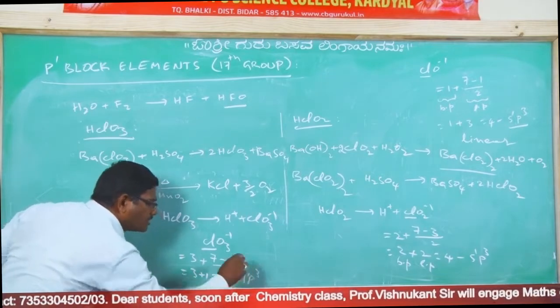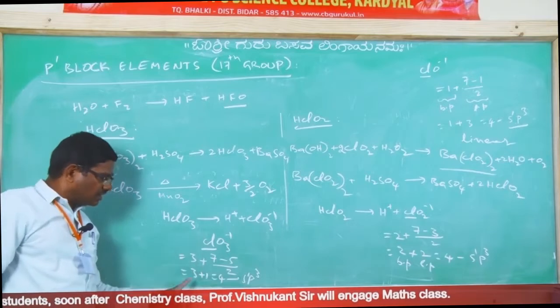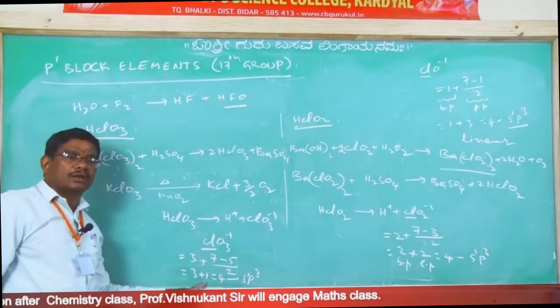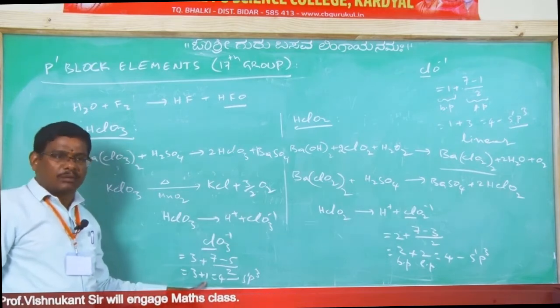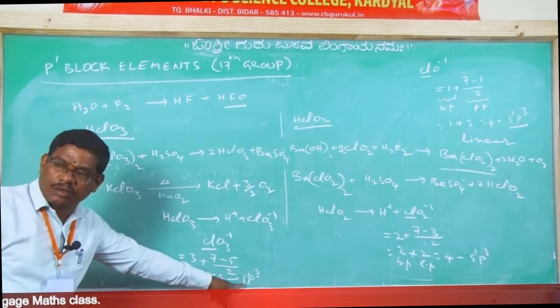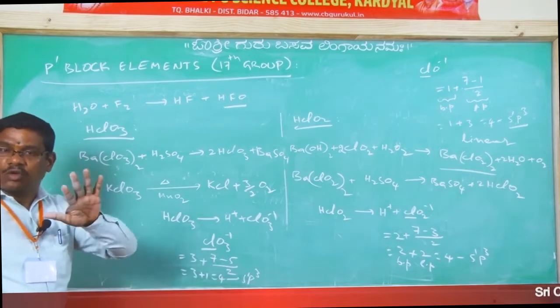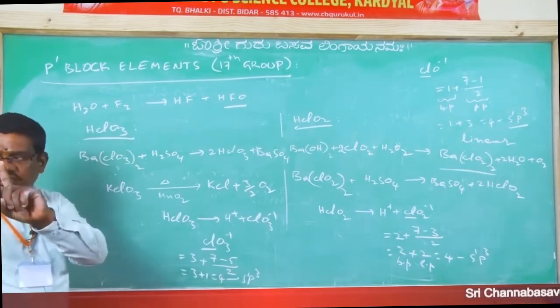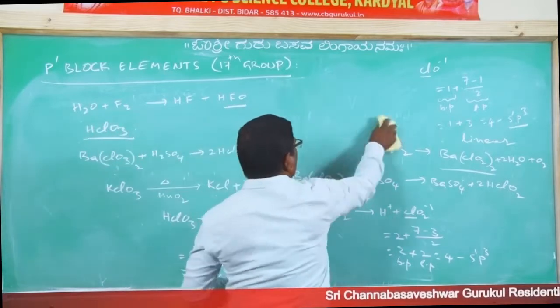Again it undergoes sp3 hybridization, with 3 bond pairs and 1 lone pair, which is pyramidal, trigonal pyramidal. Clear? So here in chloric acid the central chlorine atom undergoes sp3 hybridization and the geometry deviates from the original tetrahedral with the presence of 1 lone pair of electrons. Therefore it is trigonal pyramidal.